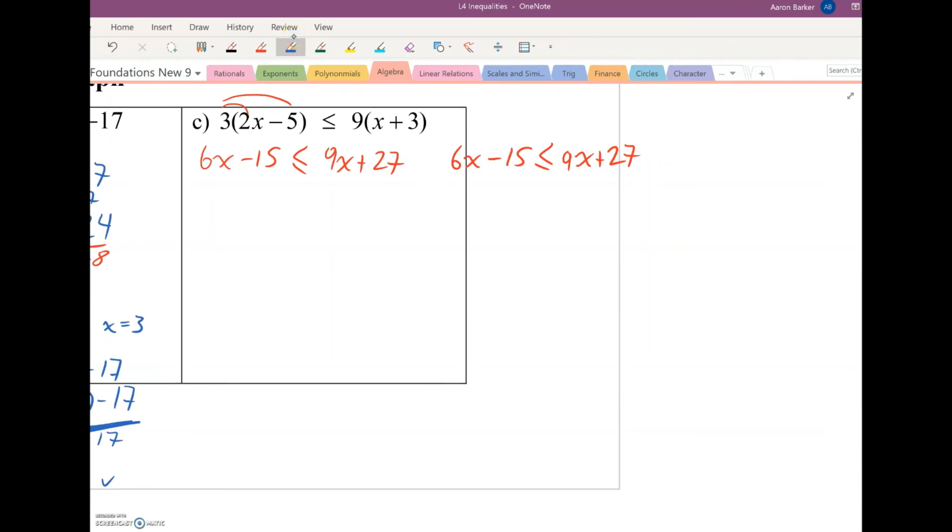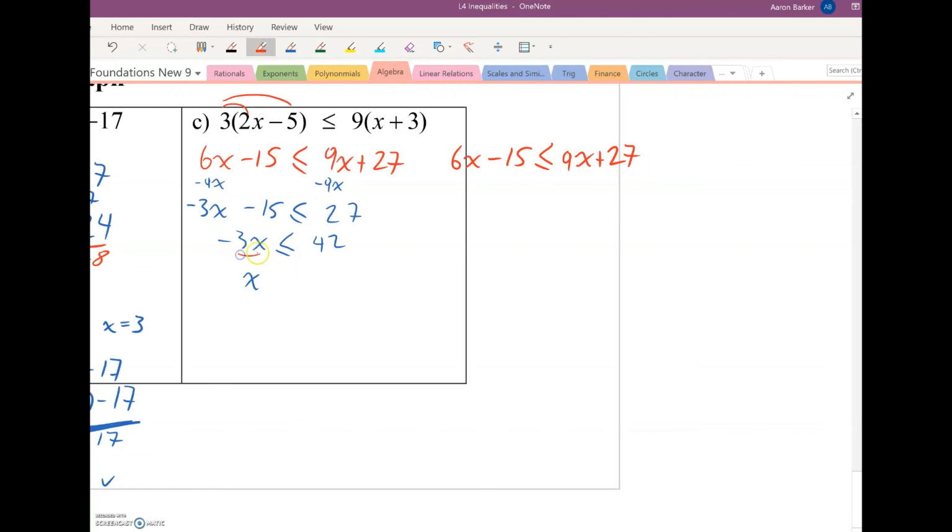Okay, so I'm going to move my 9x over. Minus 9x, minus 9x. I'll get negative 3x, and haha, almost forgot that, 27. And then I'll move my 15 over. So I'm adding 15. So that'll be 30, 42. And then I'm dividing by what?